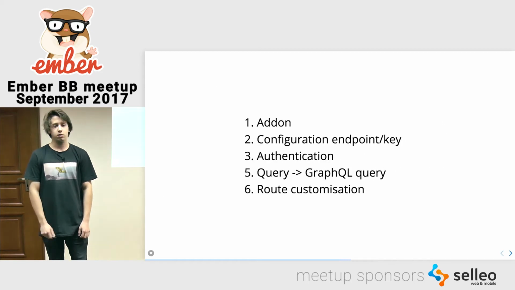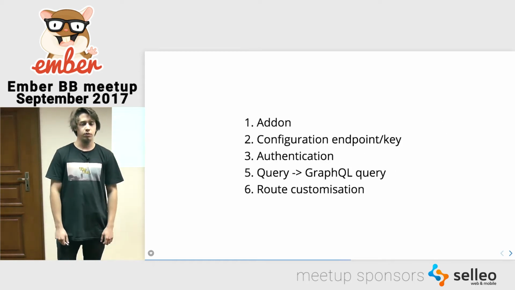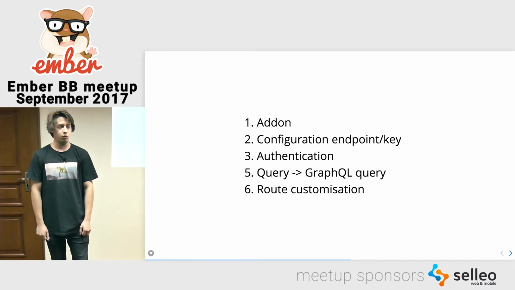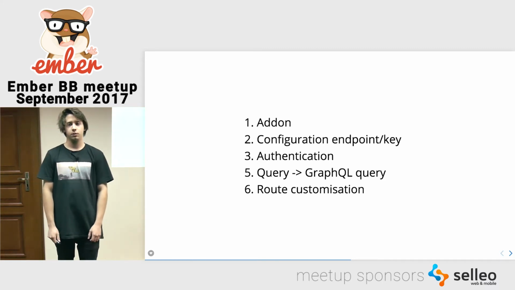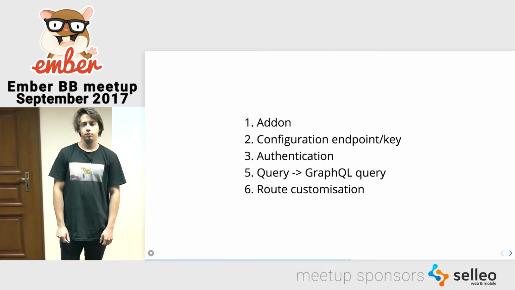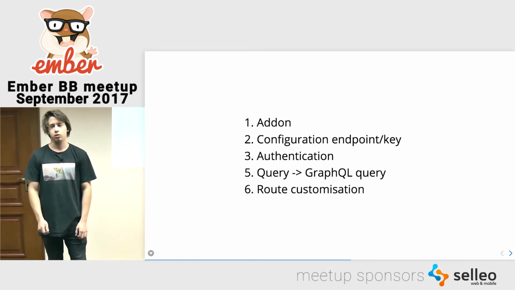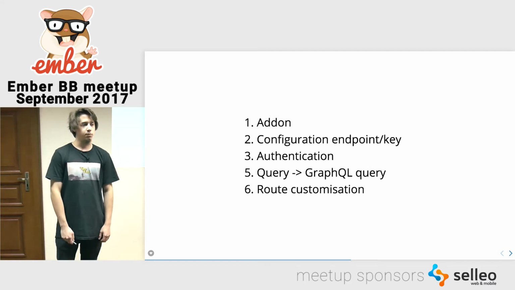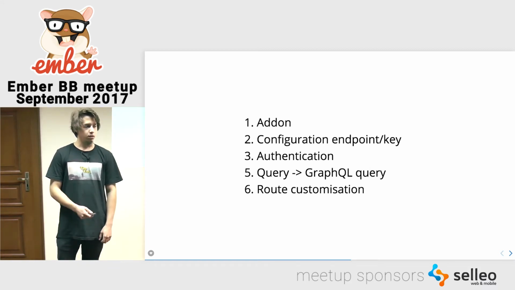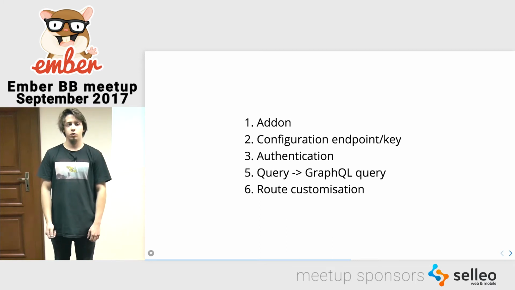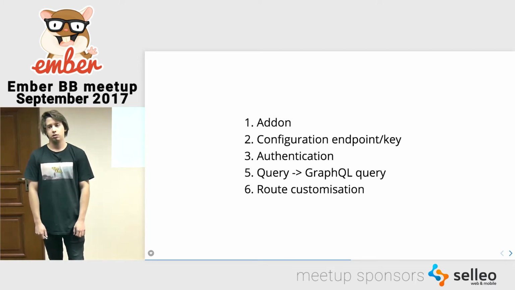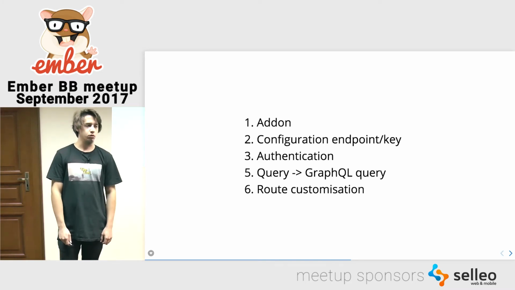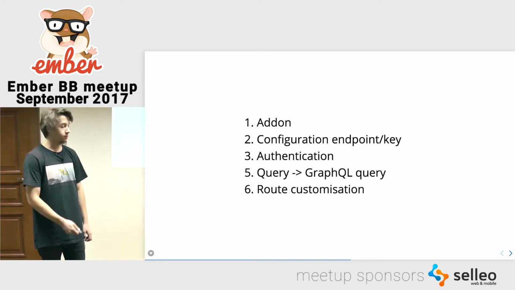If we want to implement a GraphQL consumer, we need six things. The first is the add-on, and then we need to configure some endpoint and credentials for this API. It will be used in authentication, and then we write some query, and then we consume this query in our route.